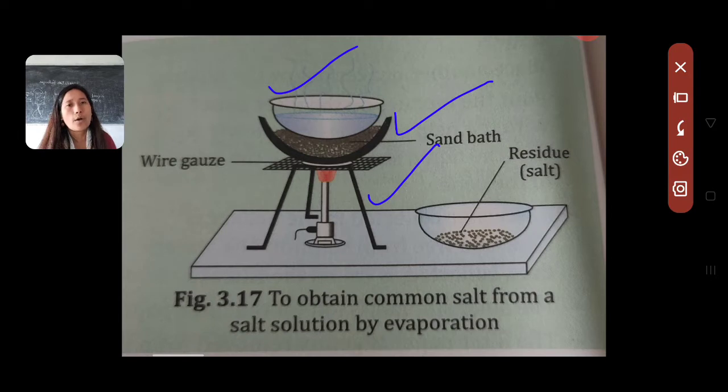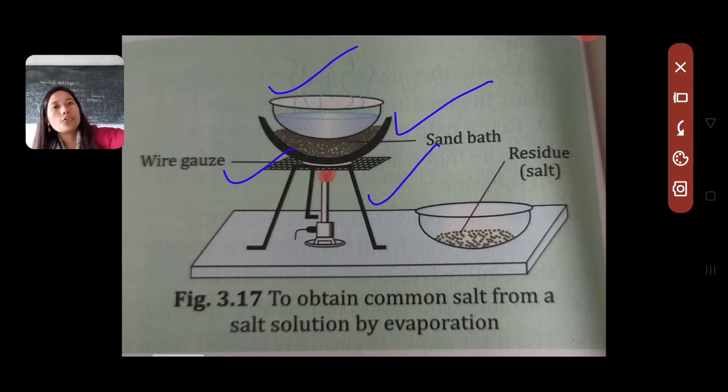A salt and water solution. From here you are trying to obtain only pure salt from the salt solution. And you have a wire gauze so that this container which consists of sand doesn't get heated directly and the heat is uniformly distributed. For that you have the wire gauze.